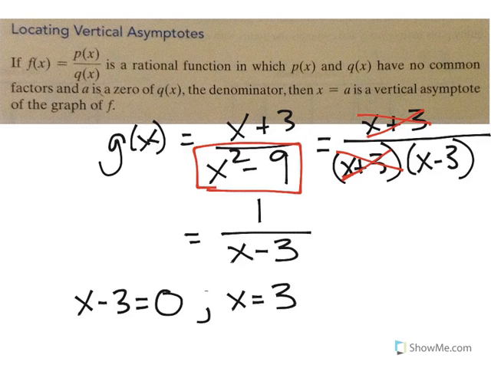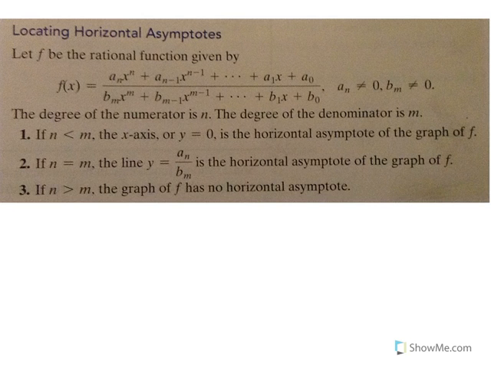So the only zero of the denominator in simplified form is 3. So the line x equals 3 is the only vertical asymptote of the graph g of x is equal to x plus 3 over x squared minus 9. Okay. So let's move on. Now, locating the horizontal asymptotes here.